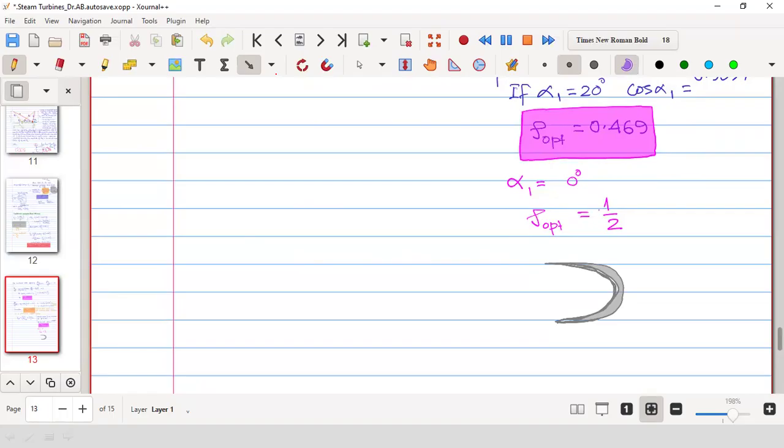Exactly. Here, basically, the fluid is coming like this and it will leave like this.